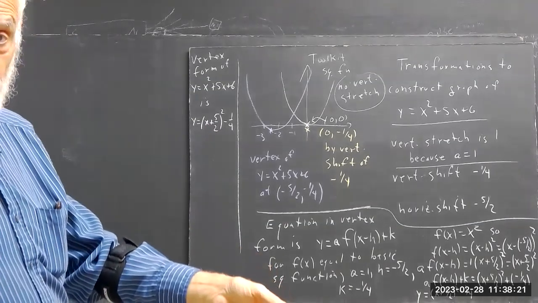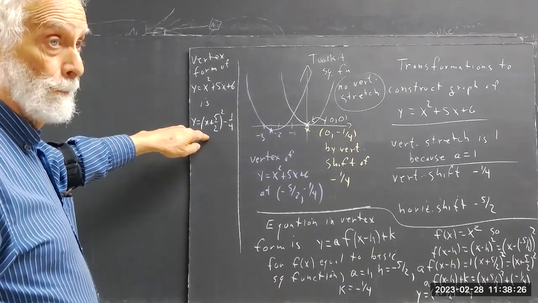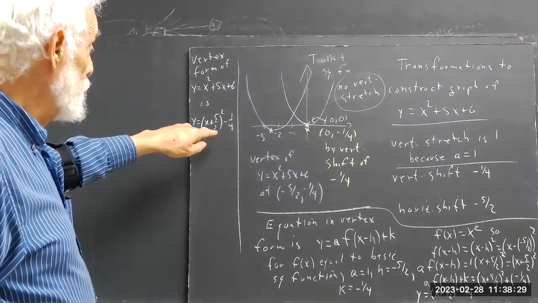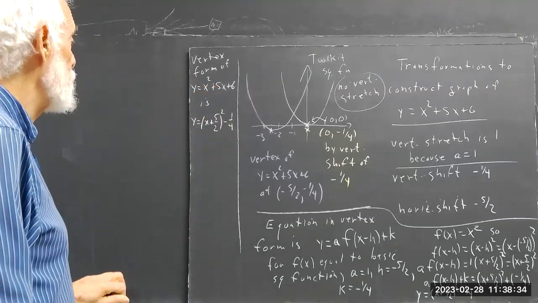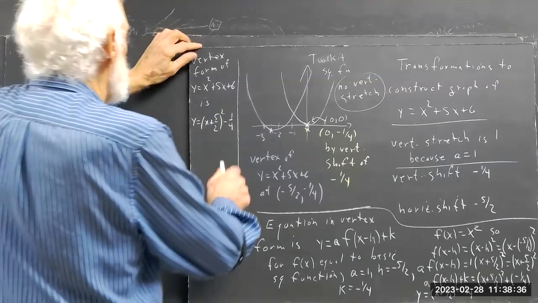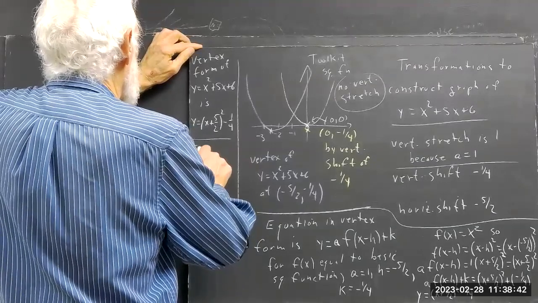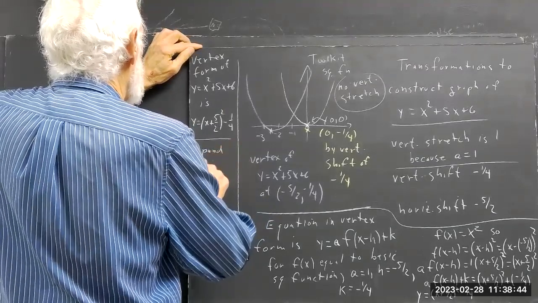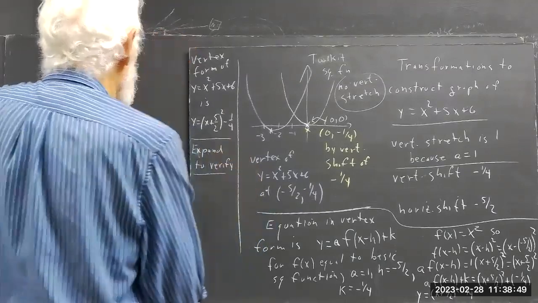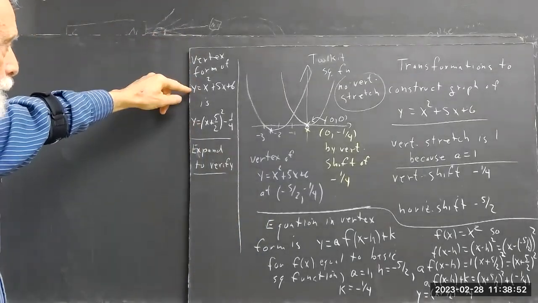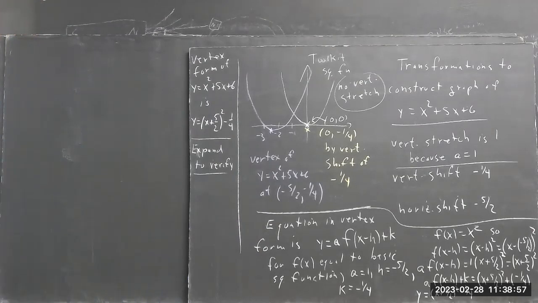So I want you to verify that. I want you to expand this square here, do the arithmetic, and see if this isn't equal to this. So we expand this to verify that it really does equal this. Use the distributive law, expand that square.